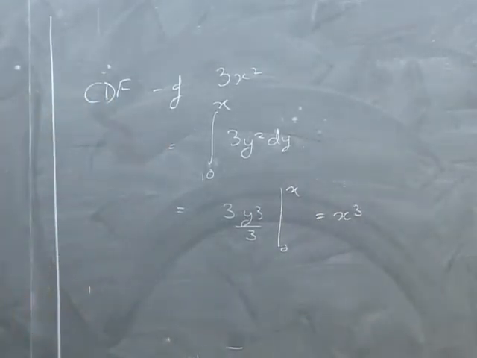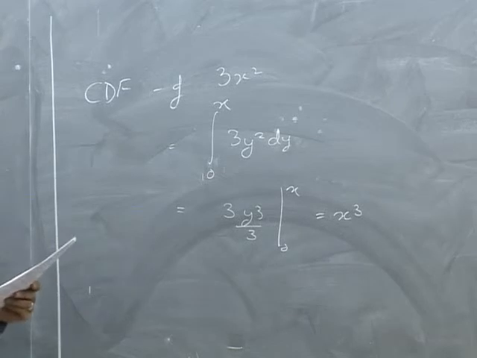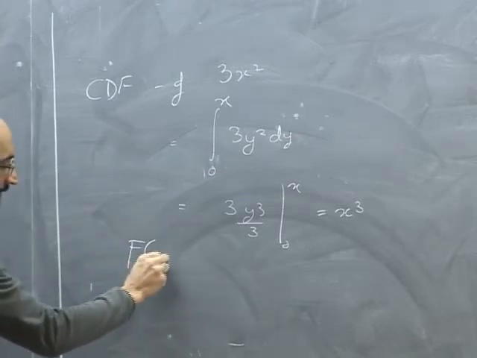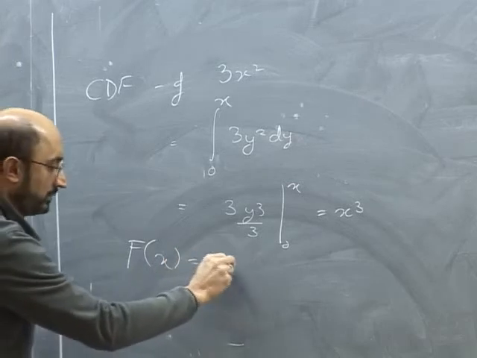Okay, so the CDF is x cubed. Okay. Any questions about this? Okay, and we'll write this as F of x equals x cubed.